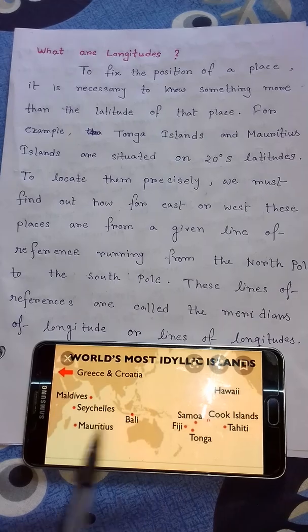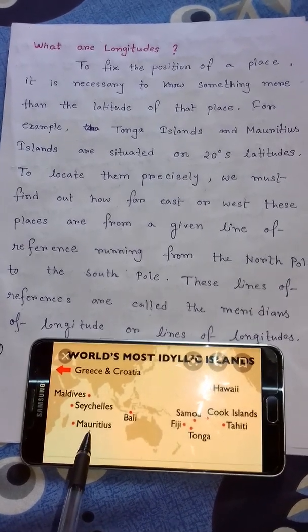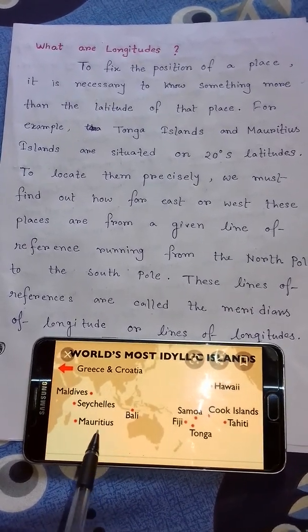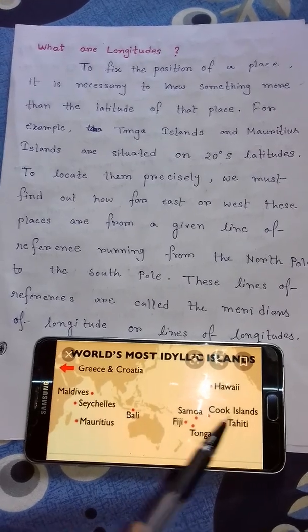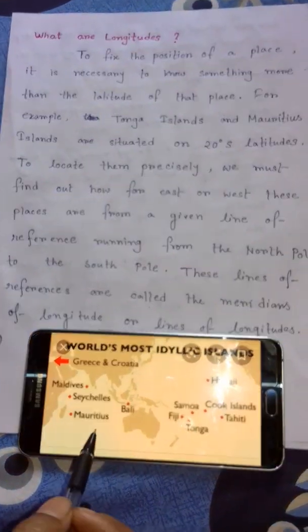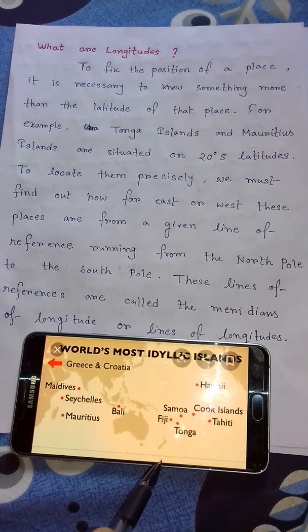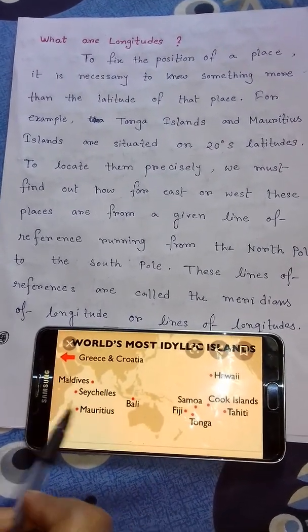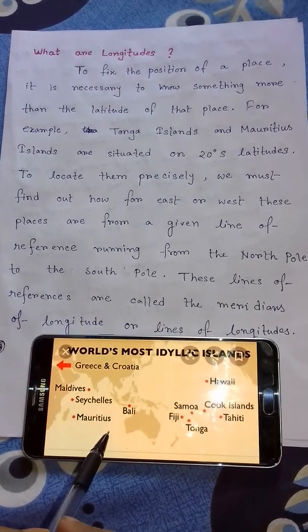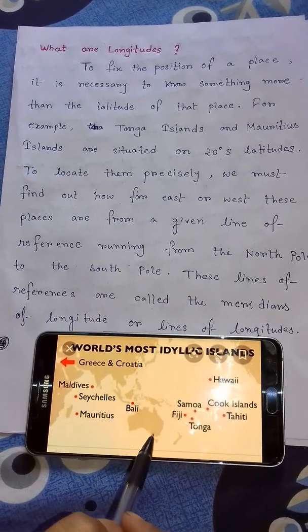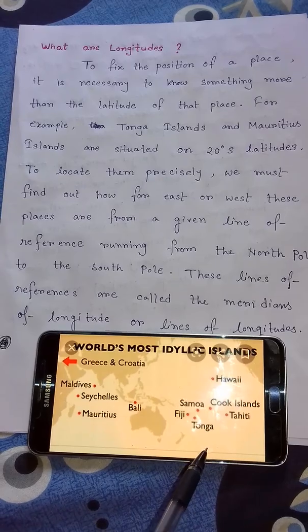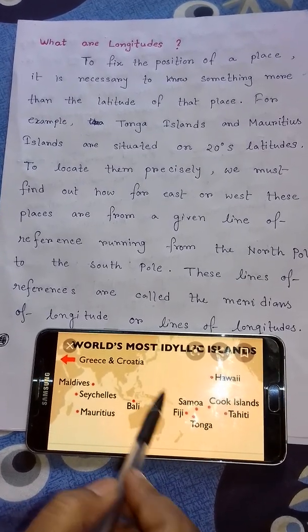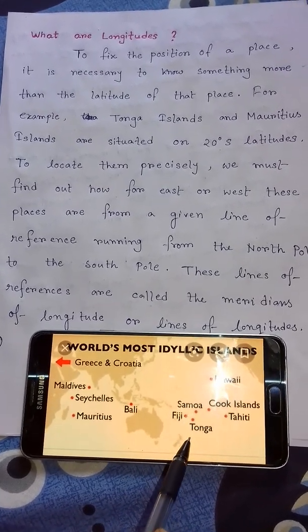To locate them precisely, we have to find out how far east or how far west these places are. That's why we have to think of separate lines that are not latitudes. They are called lines of longitude.